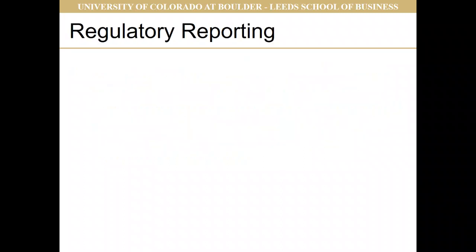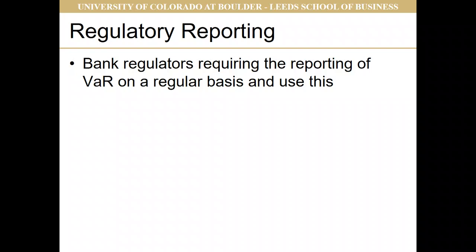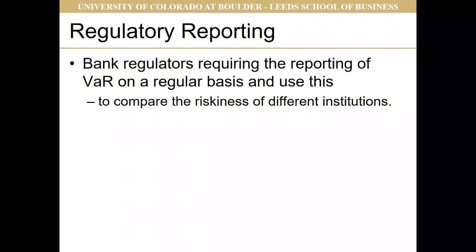There's also a regulatory reporting aspect. Bank regulators require the reporting of value at risk on a regular basis and a consistent basis across banks. They use this to compare the riskiness of different institutions.